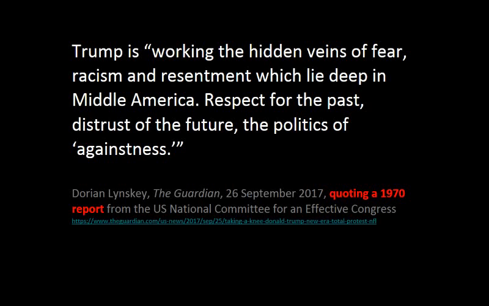This is an interesting quote because the bit that's in quotes is from a 1970 report from the US National Committee for an Effective Congress. So it wasn't written about Trump, but it really reflects why he was elected.